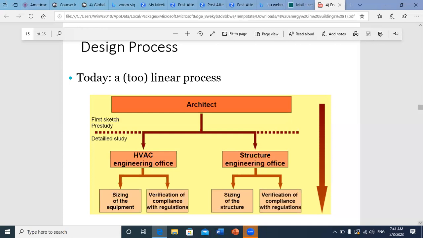But this is not very efficient because sometimes you need to interact between these three main members, in order to tackle some unexpected issues, or you can lead to better energy use.